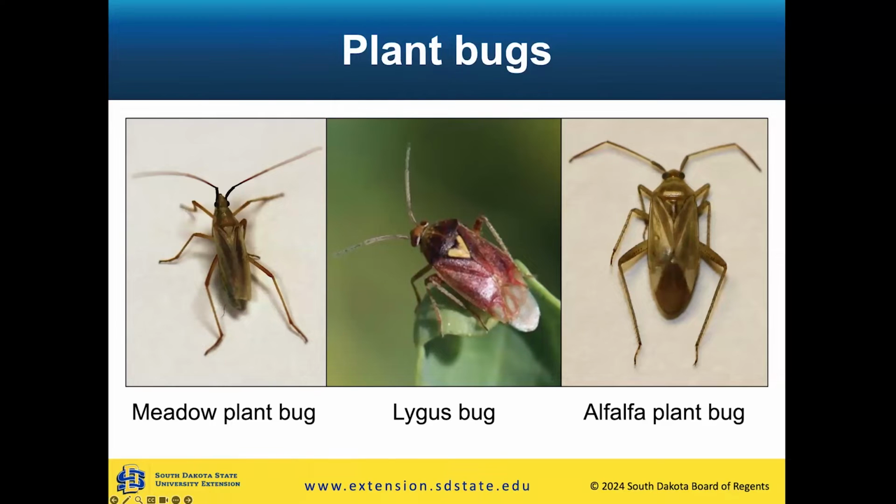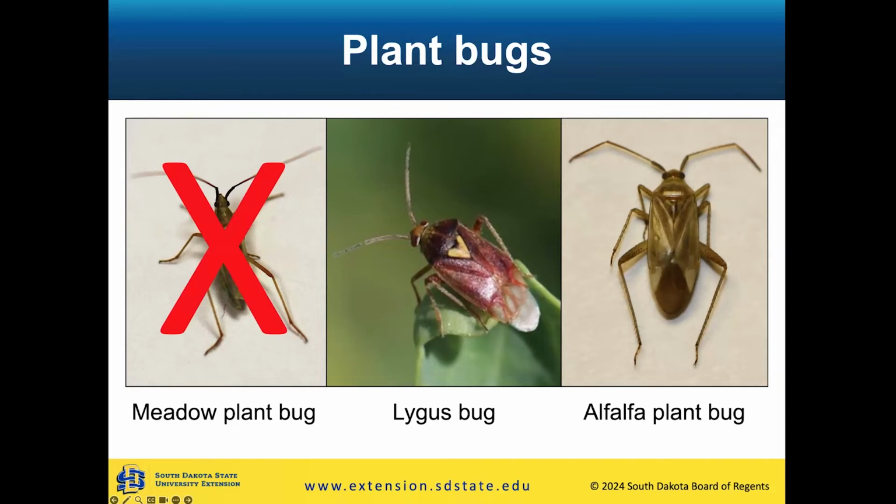Next is plant bugs. In an alfalfa field, you might see all three of these: the meadow plant bug, the lygus bug, and the alfalfa plant bug. The meadow plant bug is really only going to show up where you have more of a grass alfalfa hay mix. They are generally not considered to be a significant pest.